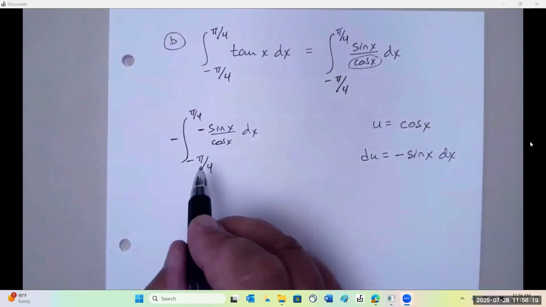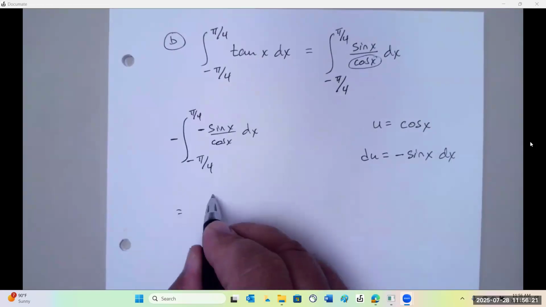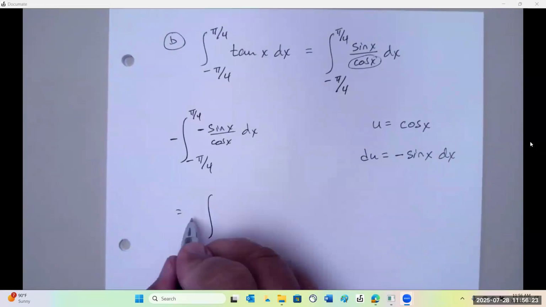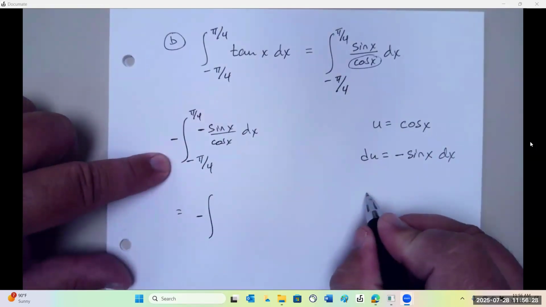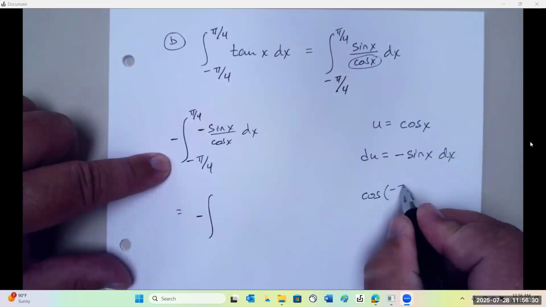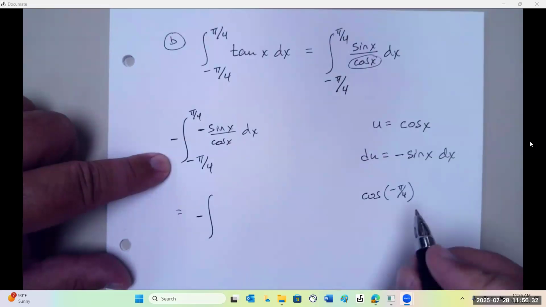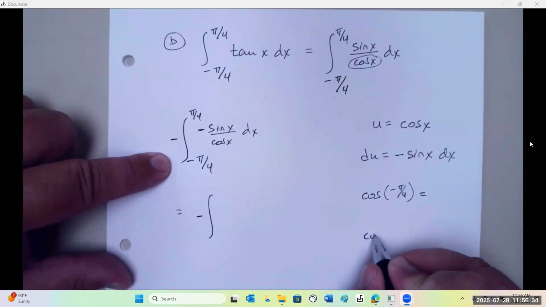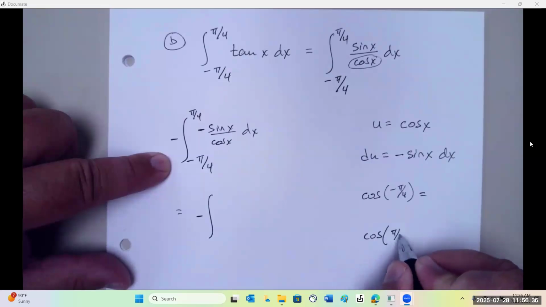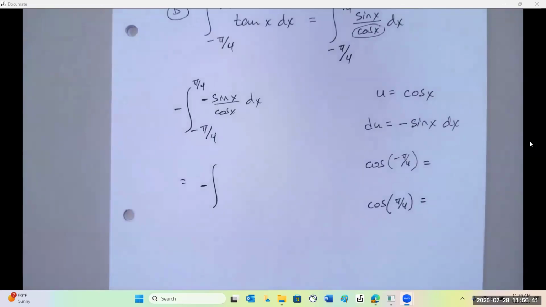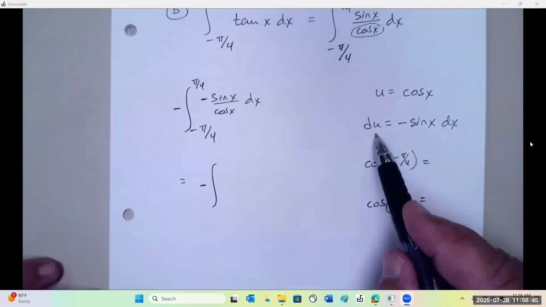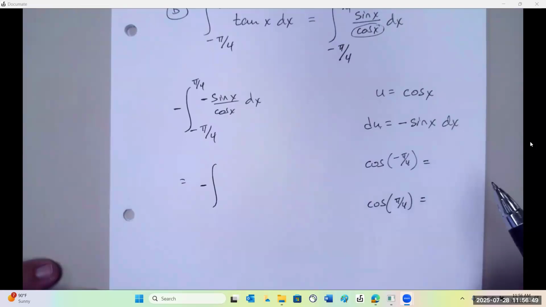All right. So now we have to change our bounds of integration. So we take cosine at negative pi over 4, and we take cosine at positive pi over 4. Why do we have a sine x times du? Because we take a derivative of u, and u is a function of x.